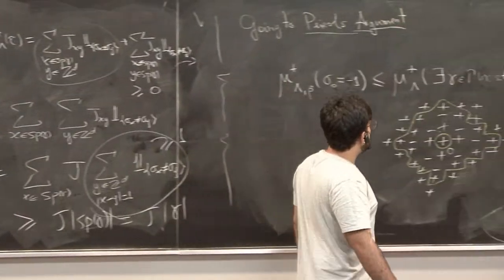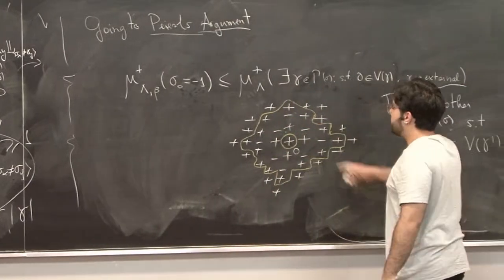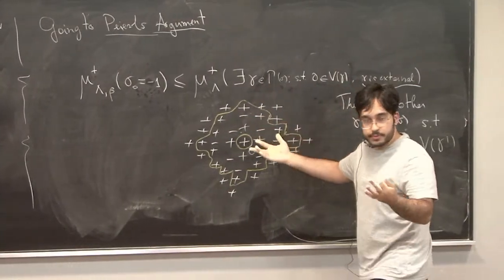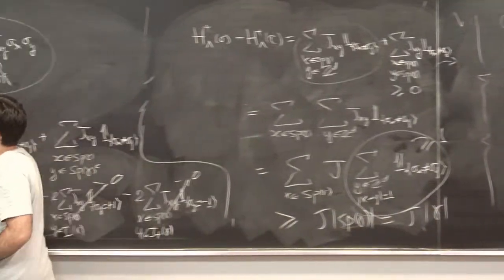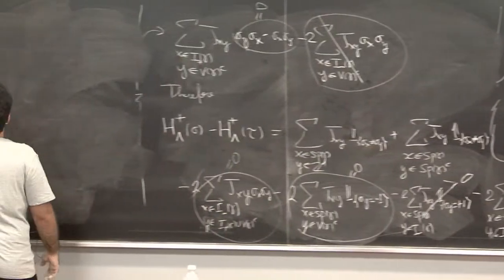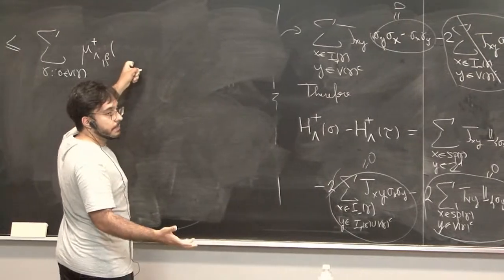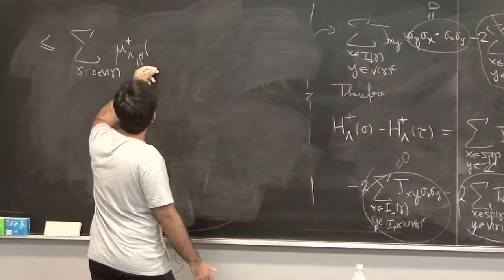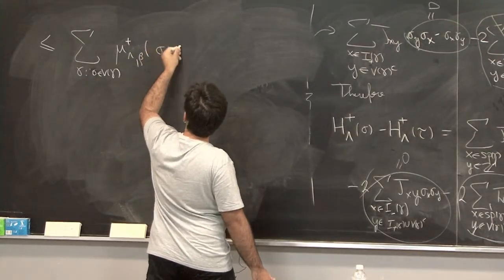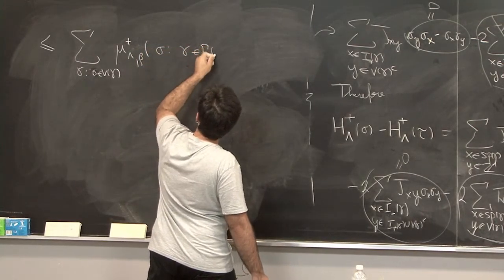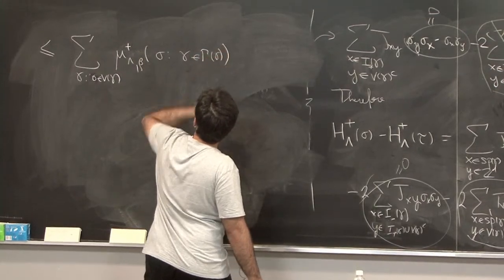So there exists a contour, so I can just take a union over all the contours. And then here I have the realization of a specific contour. So here is the event of all sigma such that gamma is inside gamma sigma.